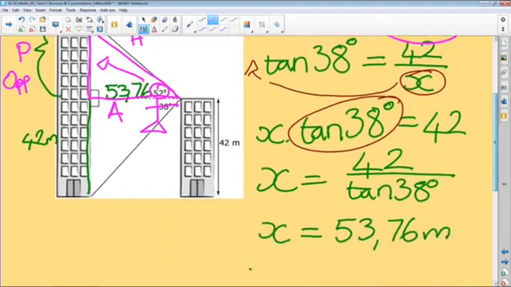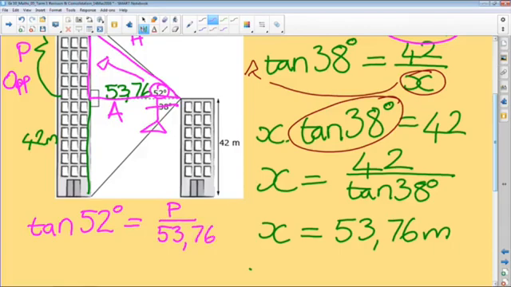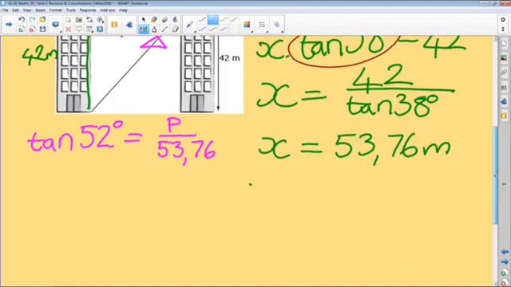Let's write down what I need to. So I've got tan of 52 degrees is equal to opposite, which I named P, over adjacent, which is 53,76. And now I need to solve for P. That's very easy to do.